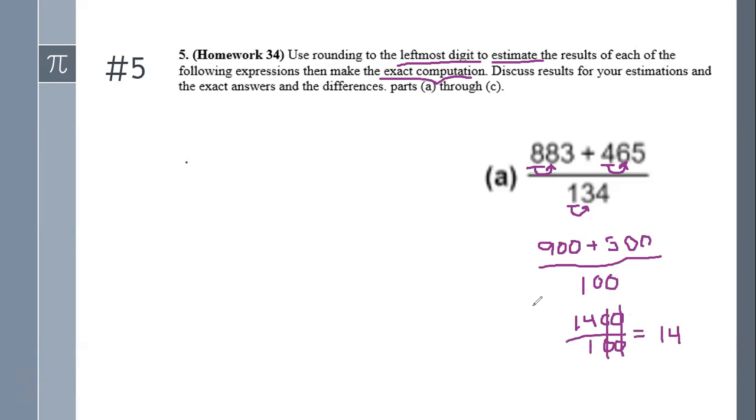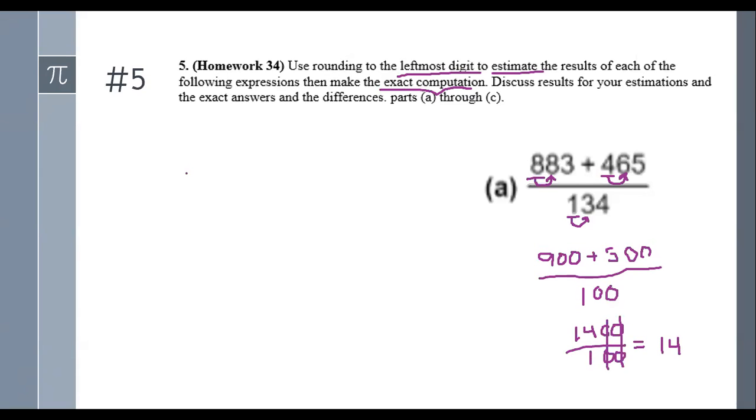All right. And now let's find our exact computation. So if you want to get out a handy dandy calculator, got 883 plus 465. It's going to give us 1,348. And then if you want to stop there, you can do 134 plus 8. See how we got that? Because we add them together, you get 1348.